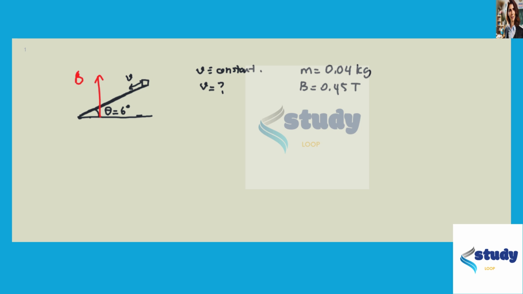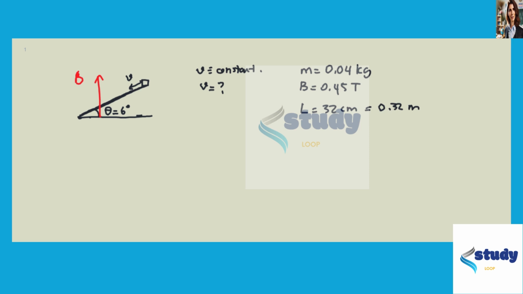We are given the length of the bar. It is 32 centimeters, so it's 0.32 meters. Now we're asked to calculate the velocity, right?